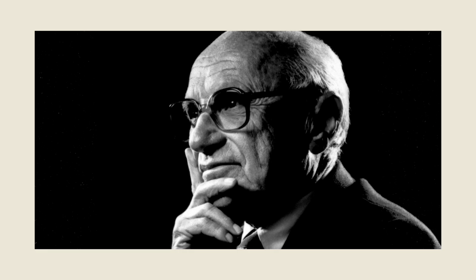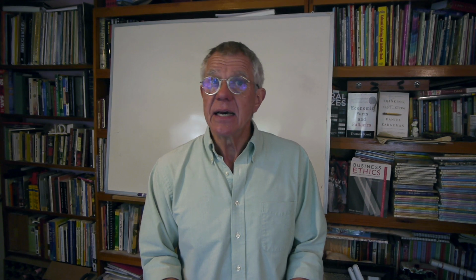If we try to think about the contrast between the managerial and stakeholder theories, we can maybe get a better grip on what's going on. Milton Friedman is the major proponent of the managerial theory, often called the stockholder theory or the shareholder theory. The idea there is that a business has its primary responsibility to its shareholders.